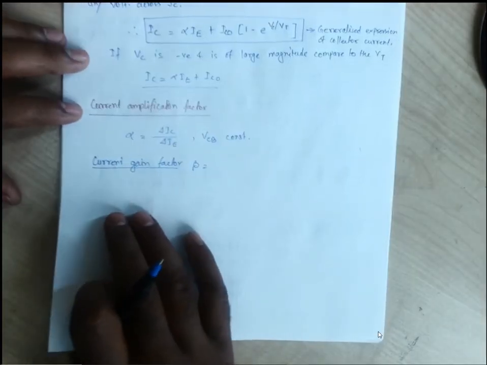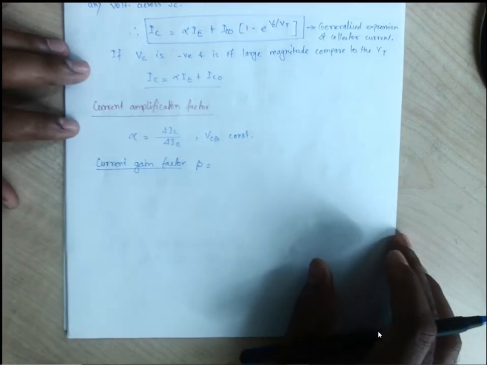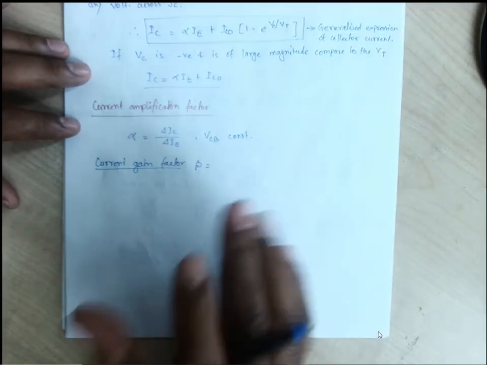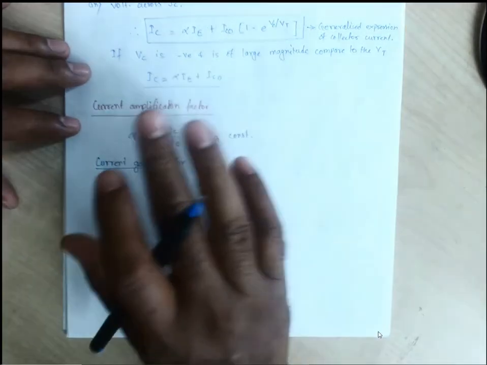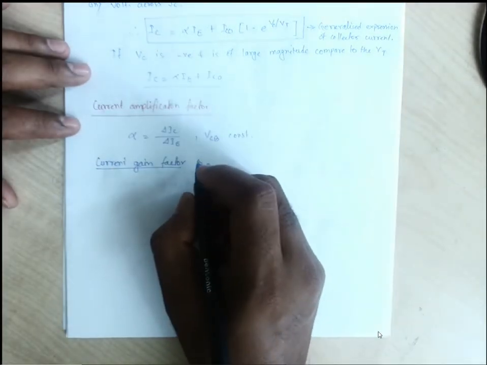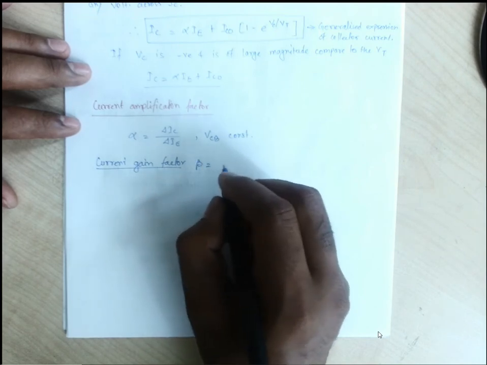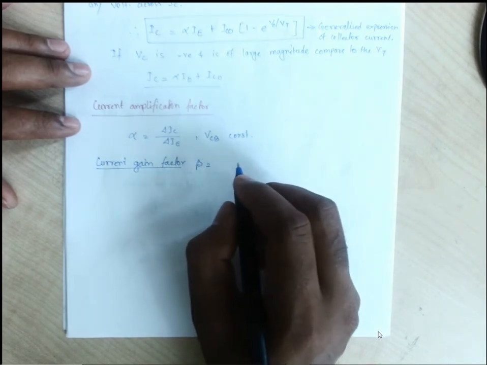Now this beta, represented by current gain, comes to this current gain for the common emitter circuit.